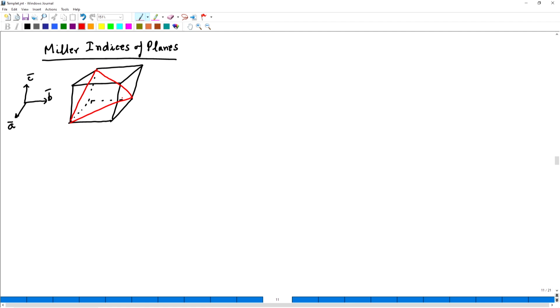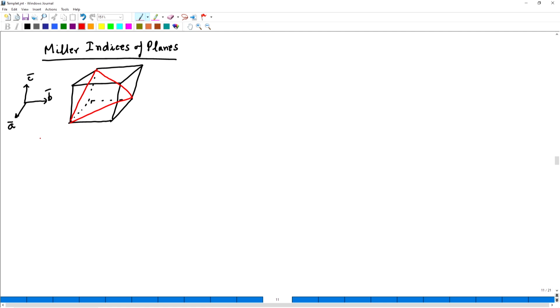So, let us take a plane which has been drawn by joining the three corners of the unit cell. Now, in this what do I do? In order to define a plane even mathematically, we need to get its intercept or the points at which it intersects with the three axes A, B and C. So, here we are going to use fractional coordinates.